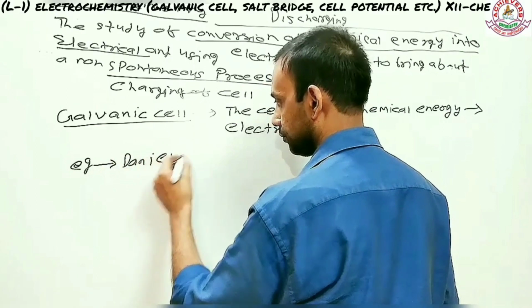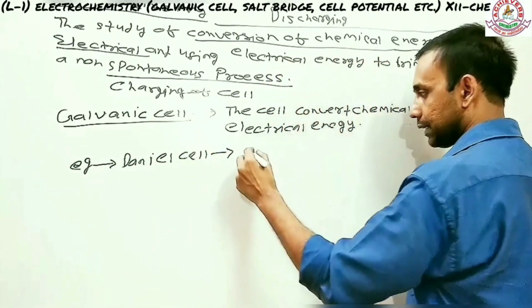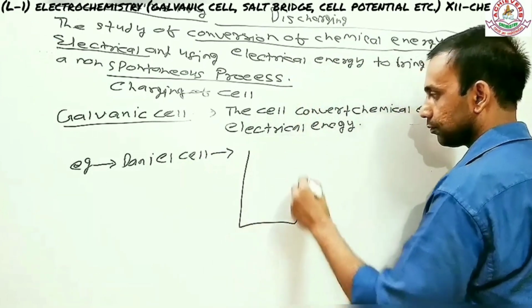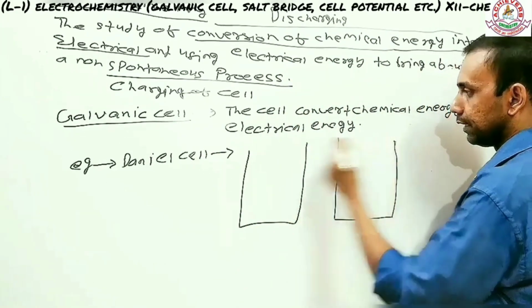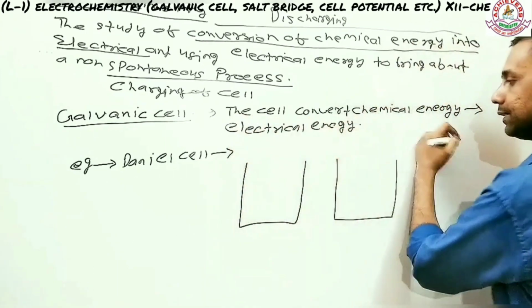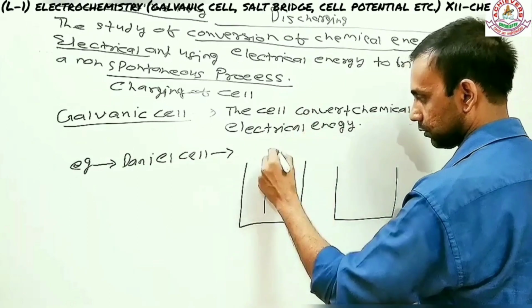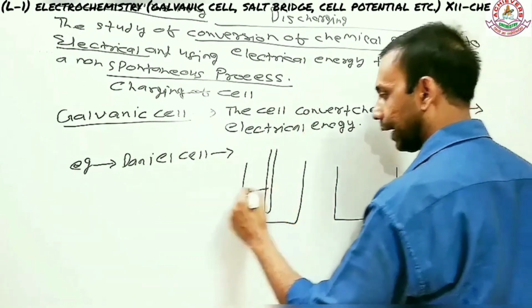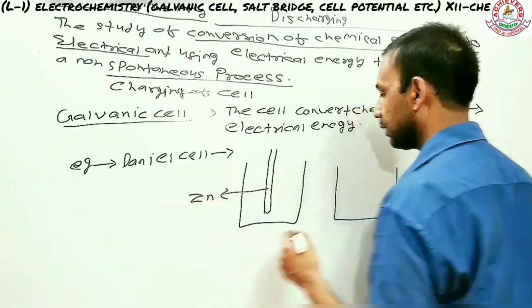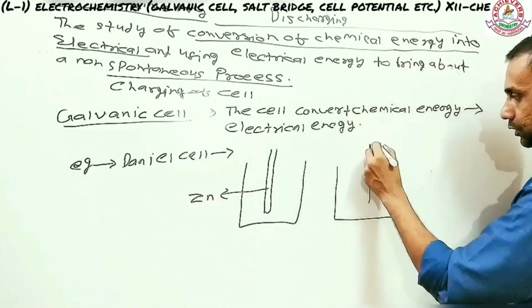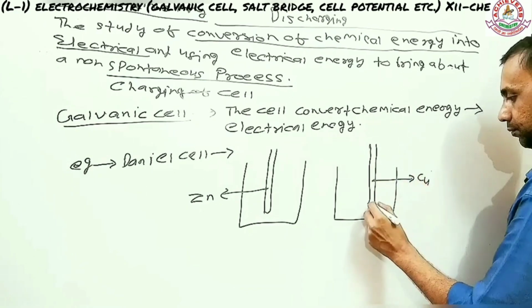The Daniel cell. What a Daniel cell is, it consists of two containers placed side by side. This one has a zinc electrode, and this one has a copper electrode.